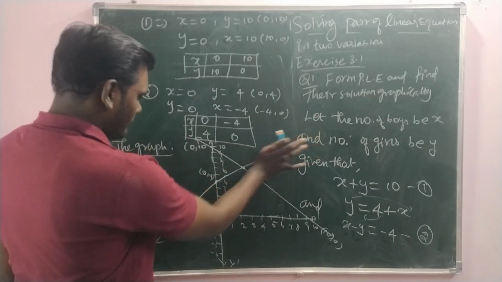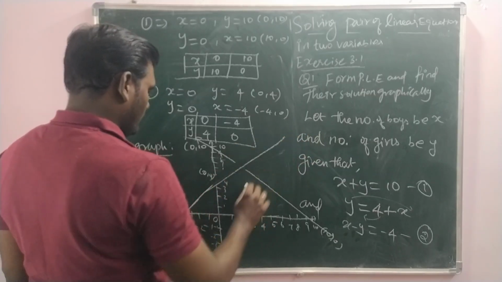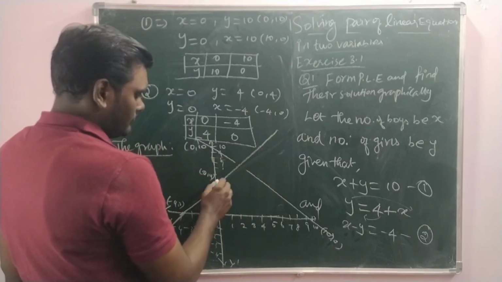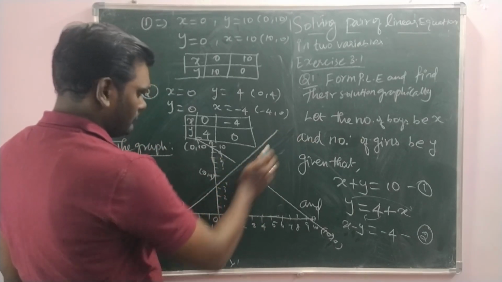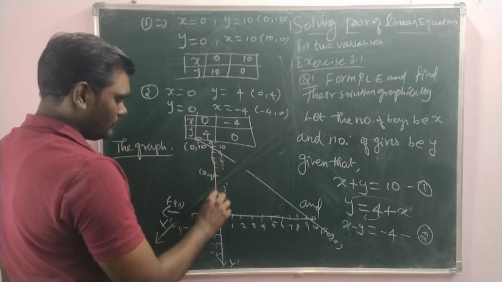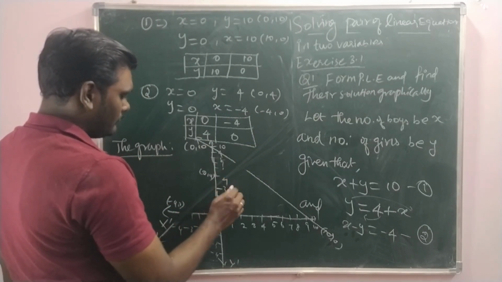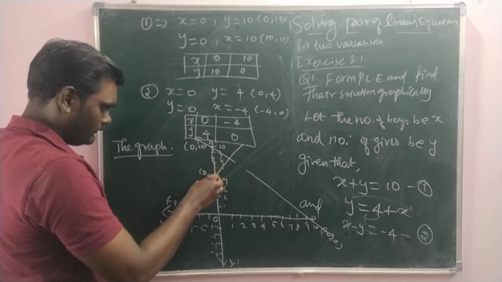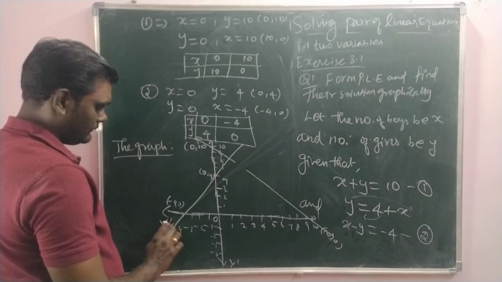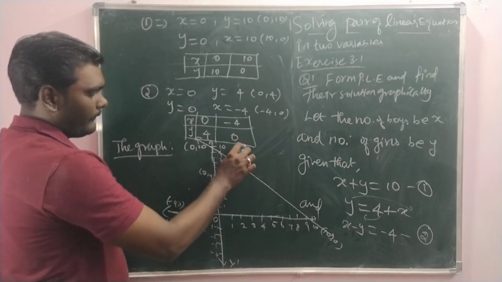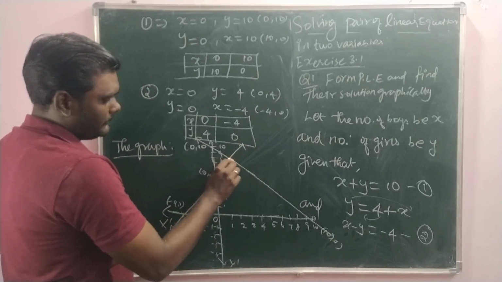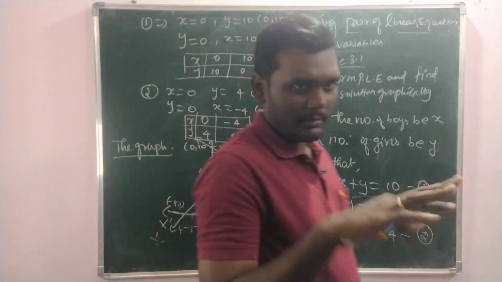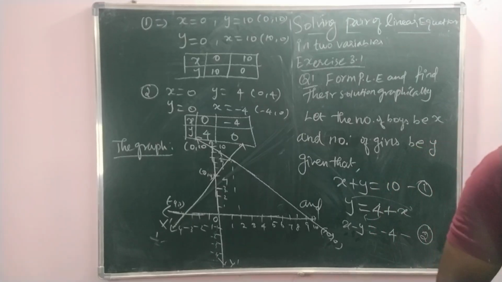Here it is 4, then here it is minus 4. So this point is like 2 comma 8 as I am getting here, but if the numbers are equally spaced, we will get the exact answer.